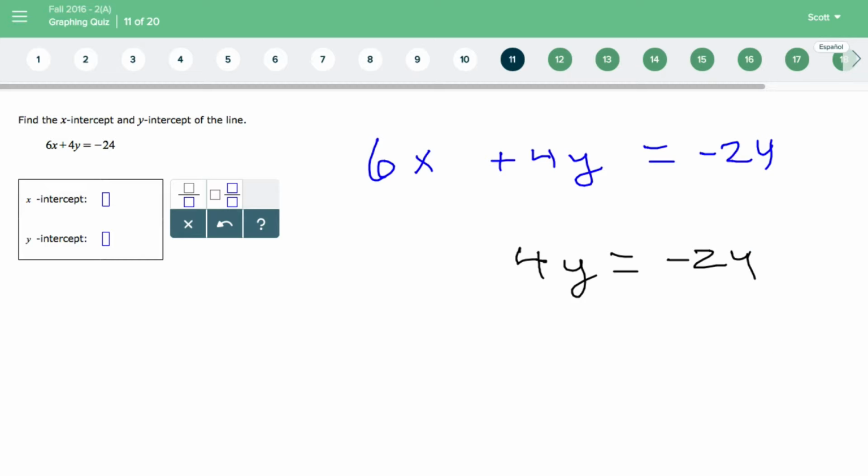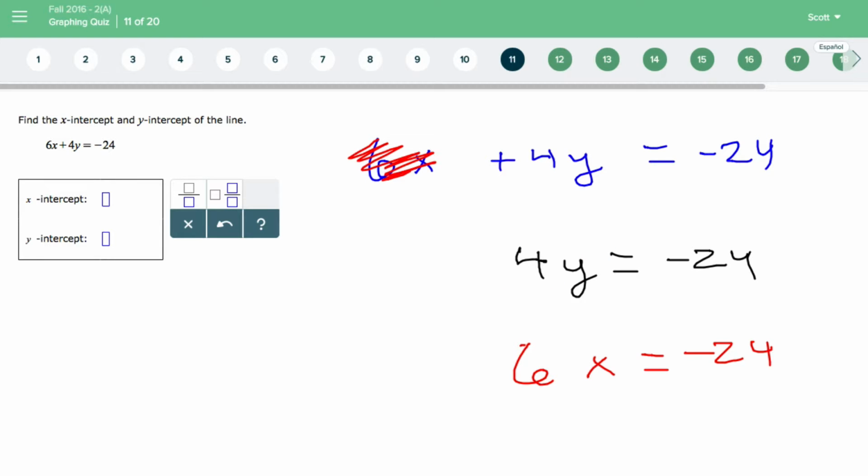Then I'm going to cover up the y and write it again as 6x equals negative 24. So all I'm doing is covering up one. Here I covered up the y, and all I have left is 6x equals negative 24. Or if I cover up the x, all I have left is 4y equals negative 24.